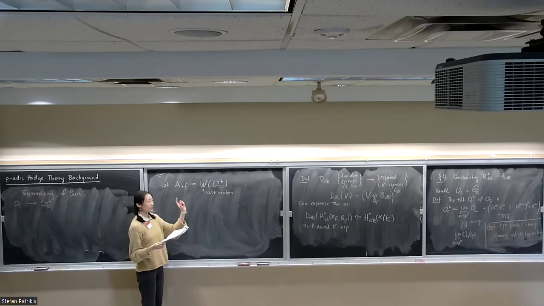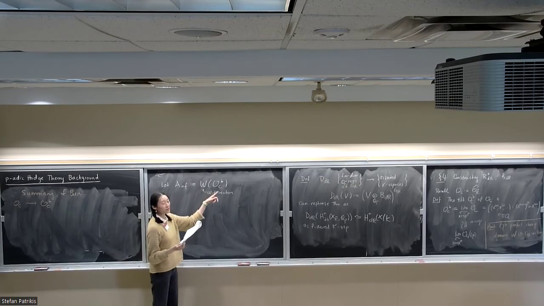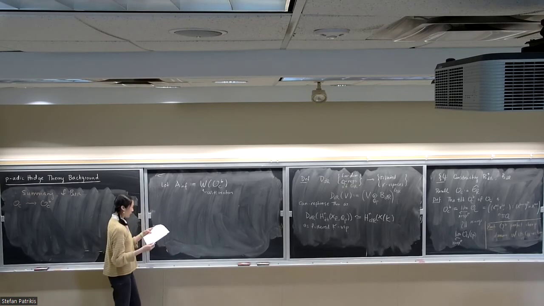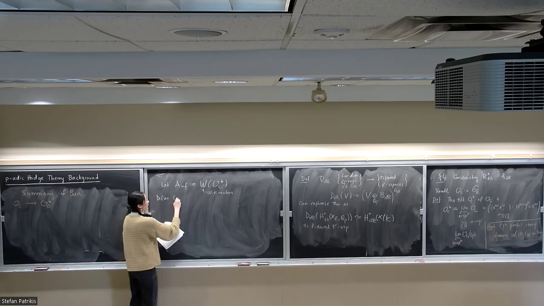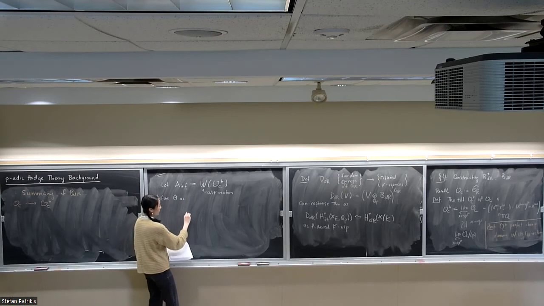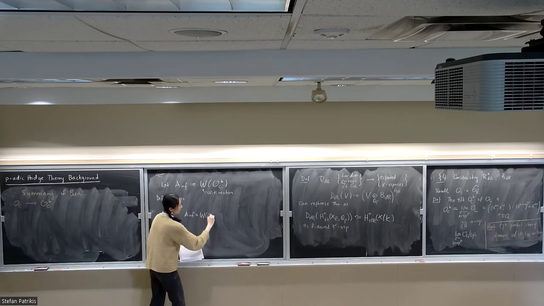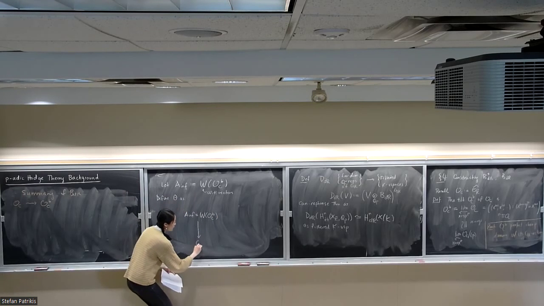By the universal property of Witt vectors, this will also have a Galois action because OC tilt has a Galois action. Then we can define a theta map as a map which makes the following diagram commute. So A_inf is the Witt vectors of OC tilt, and you can take that mod p just to get OC tilt.